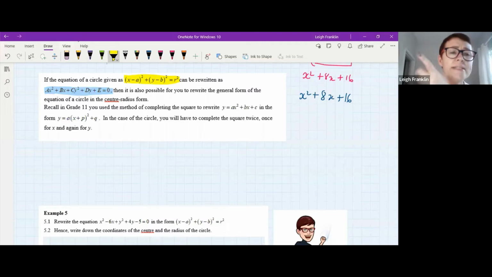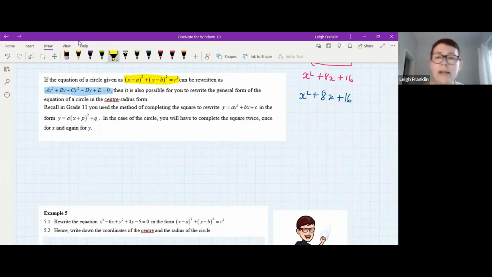This links back to something that you already know, because in grade 11, you used completing the square to rewrite y equals ax squared plus bx plus c in the form y equals a(x plus p) squared plus q. So in the case of the circle, you're also going to have to complete the square, but you have to do it twice, once for x and once for y.